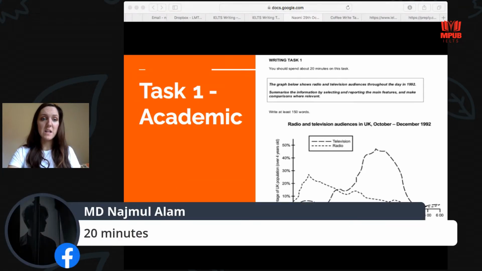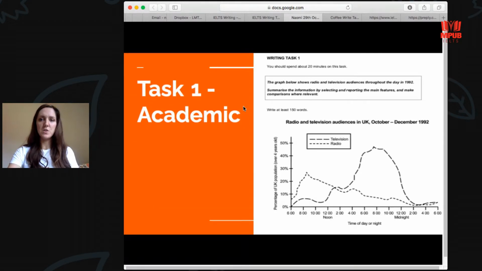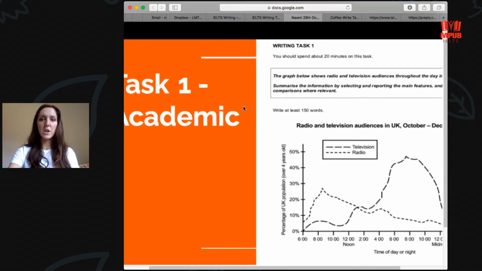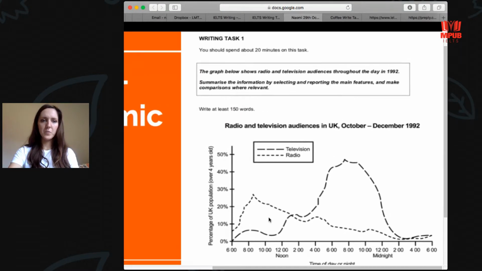Just like Najmul is saying, for this part of the exam, you should be spending 20 minutes. Really try not to spend more than 20 minutes because it won't be a good use of your time. Just trying to zoom in a bit here, just so that you can really see in detail what we're looking at.